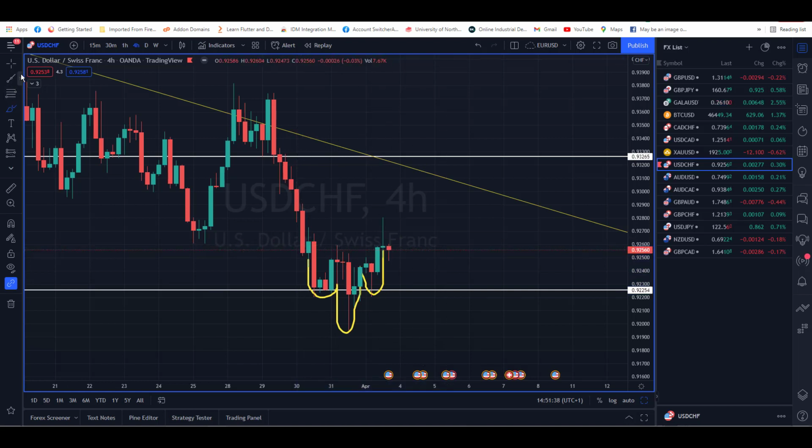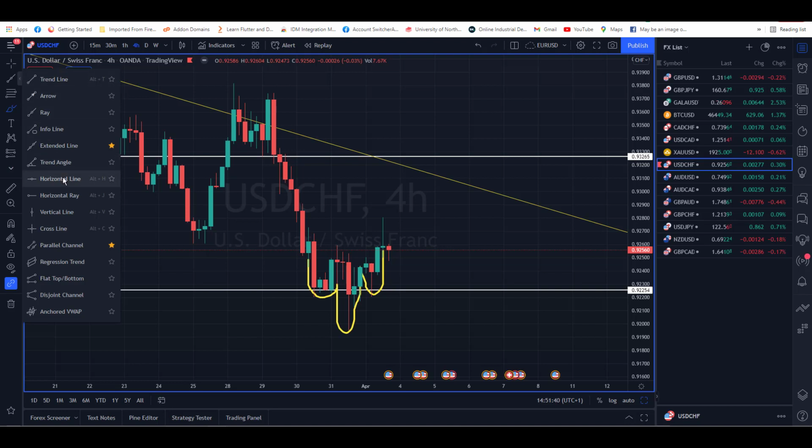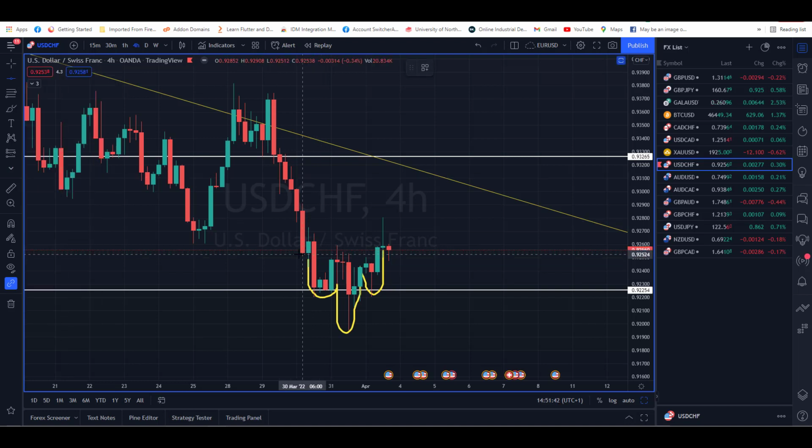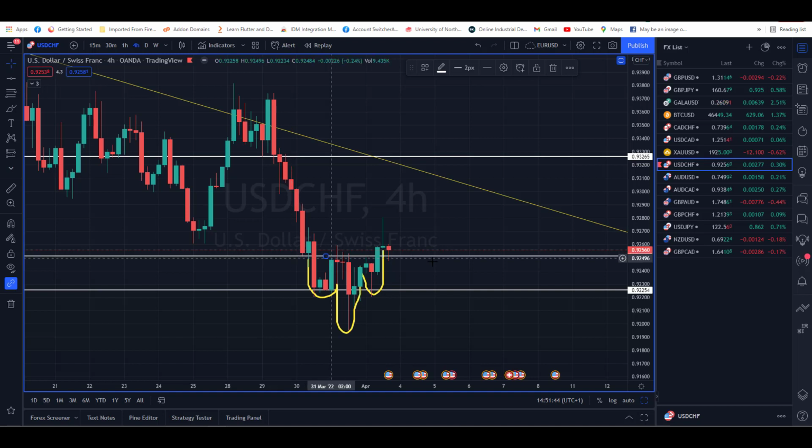Let me use a straight line. And you will see that it is already bouncing off that neckline. This is a strongly bullish indication, not bearish, please. So this shows us that this market has the propensity to keep moving up when the market resumes. You see this reaction right here, right?